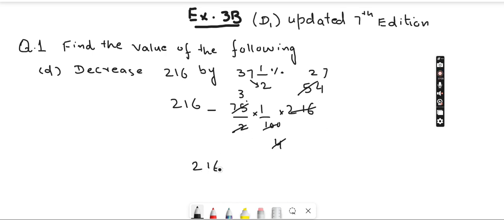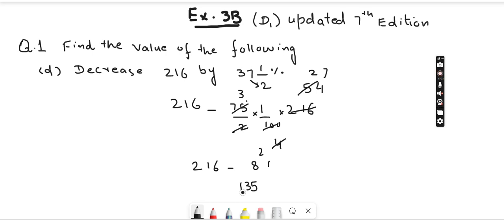So 216 minus 27 3 times 81, and by doing its subtraction you get 135 as the answer. You can even check it with a calculator as well.